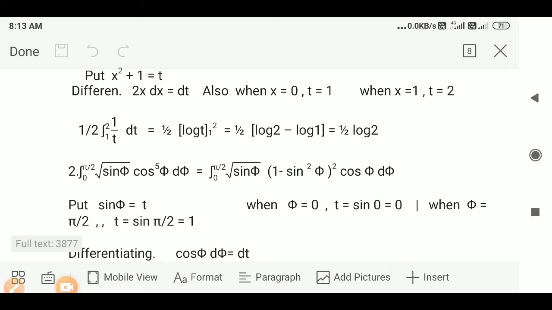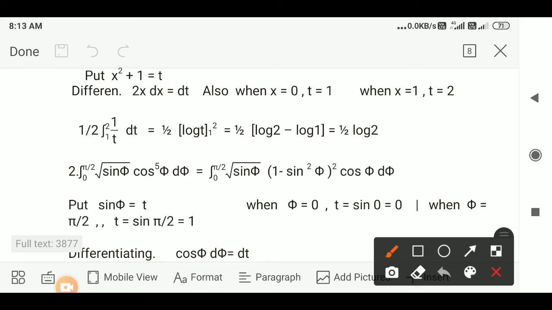Here you can write, you can bracket under root sine phi cos square phi whole square into cos phi. Cos square phi whole square into cos phi.